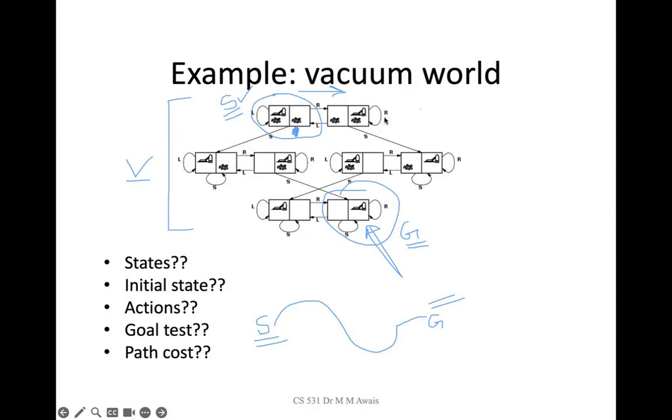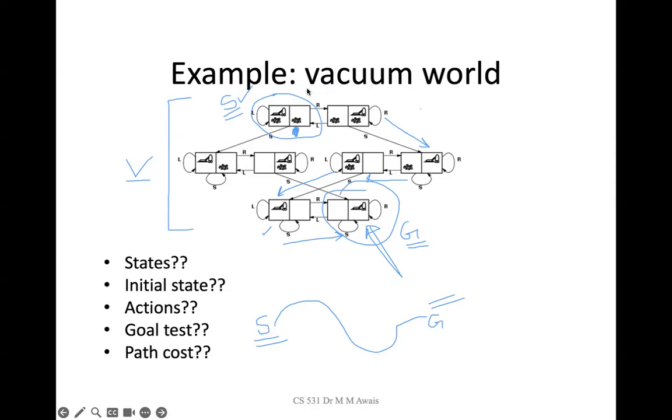From there you go to this state, taking the required action. Then from there you go to the next state. From this next state you move on to this state, and from here you move to your goal state.